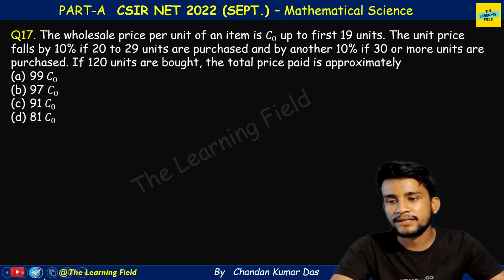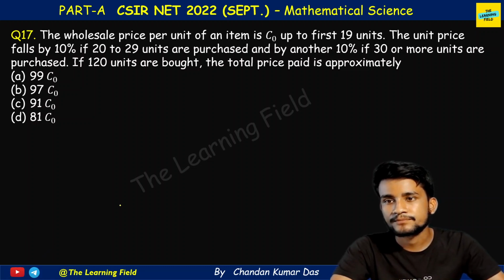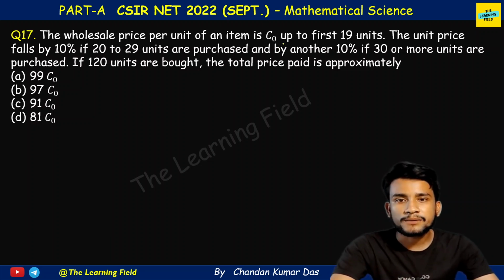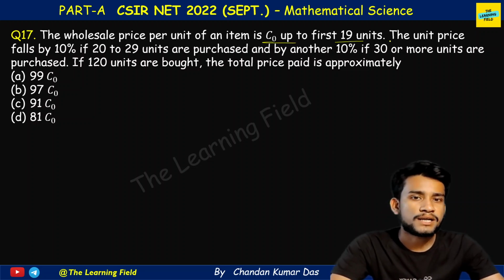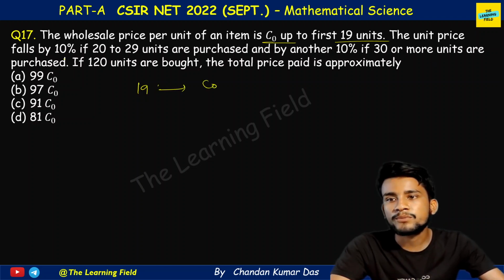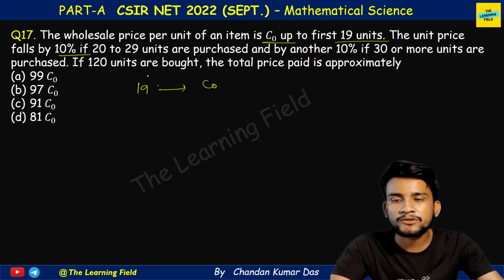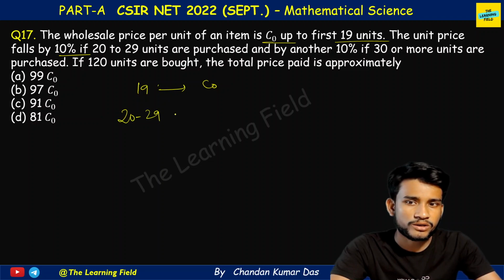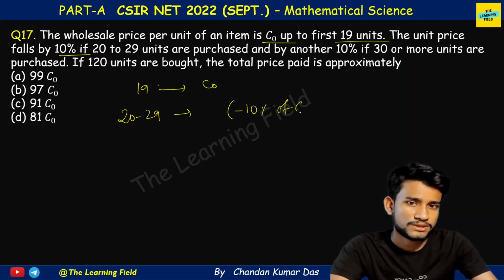Now question number 17. It says that the wholesale price per unit of an item is C0 for the first 19 units. Therefore for the first 19 units the price is C0. So the unit price falls by 10% if you purchase 20 to 29 units, less than C0.